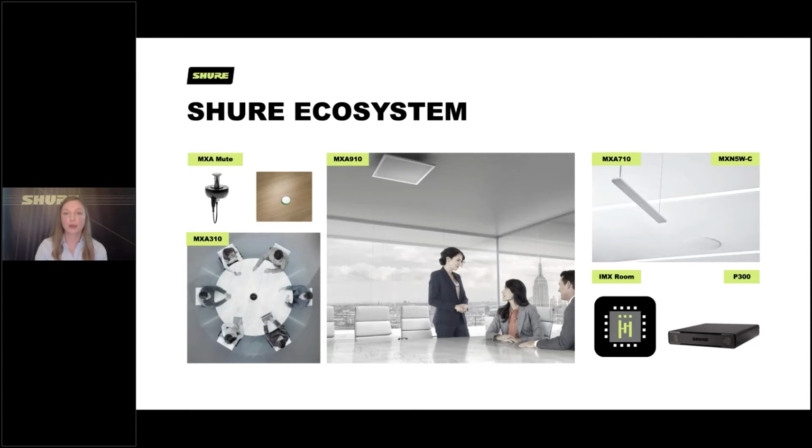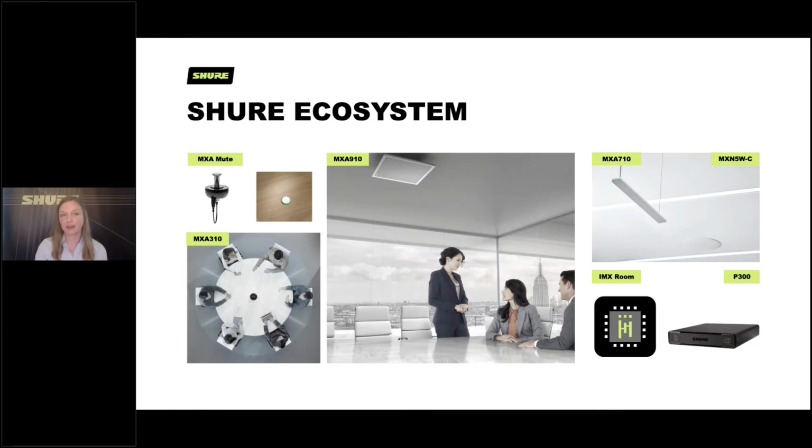In terms of our processing, we have the P300, which is our conferencing microphone processor. And earlier this year at ISE, we introduced IntelliMix Room, which is a revolutionary audio processing software that runs seamlessly in the background on Room PCs and supports your soft codec applications. And just to round out the signal chain, we have the MXN5-C, which is our networked Dante-enabled PoE-powered ceiling speaker.